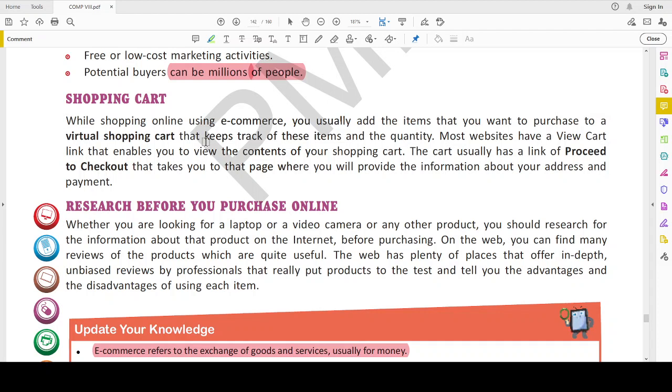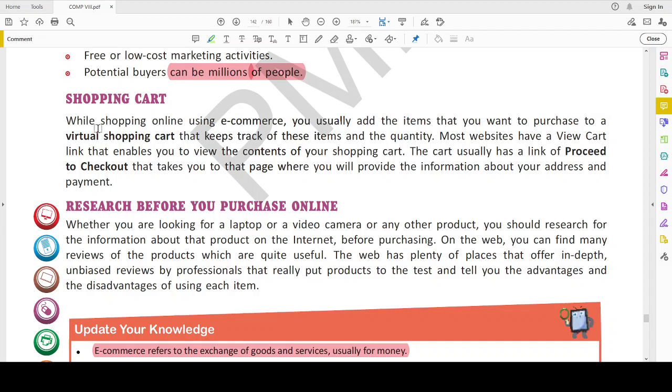We have seen the definition. We have gone through various examples in our previous tutorial, and now we will see the various aspects of e-shopping. So the first one is a shopping cart or a virtual shopping cart.